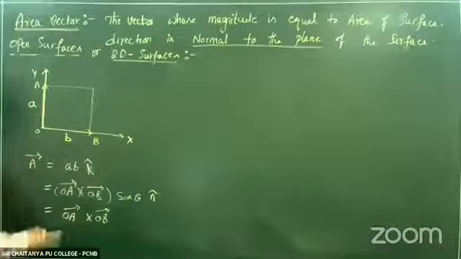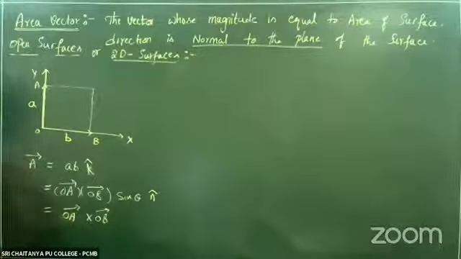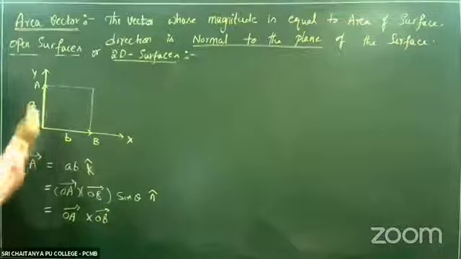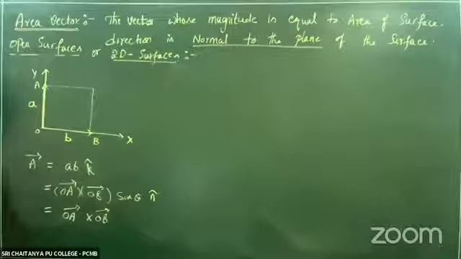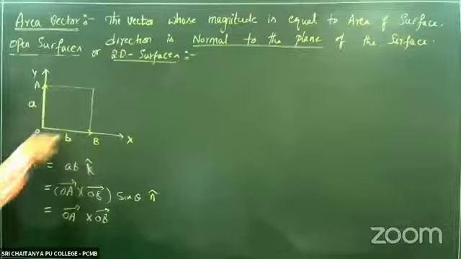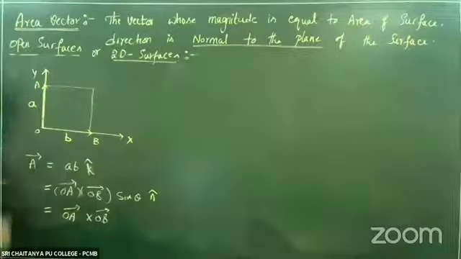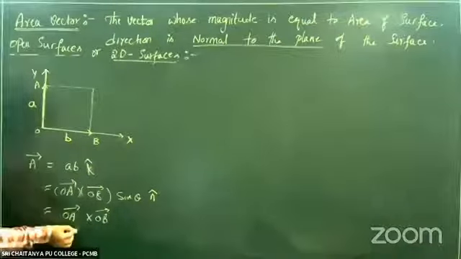Right? The direction of the cross product is always normal to the plane. Whenever different planes are given to you by different sides, if you want to find the area vector, apply this.